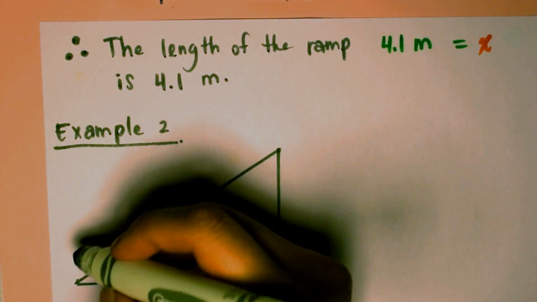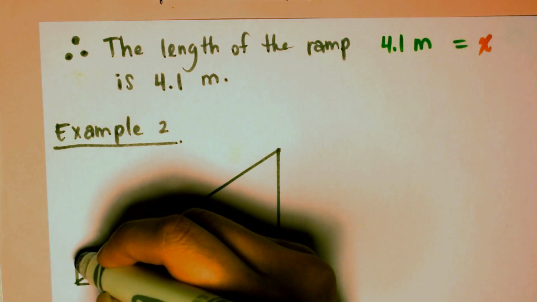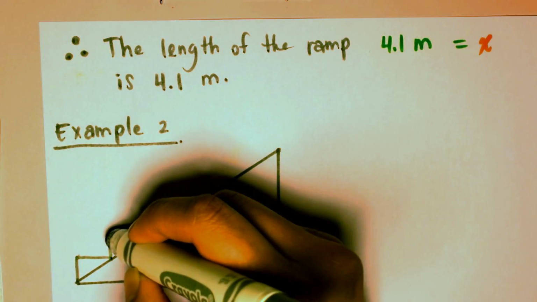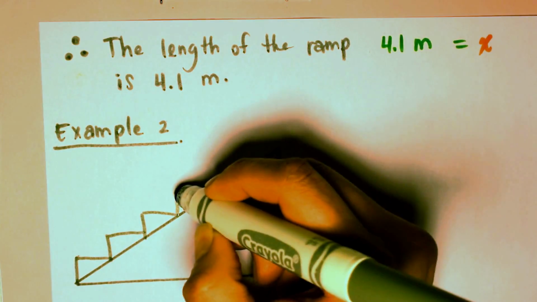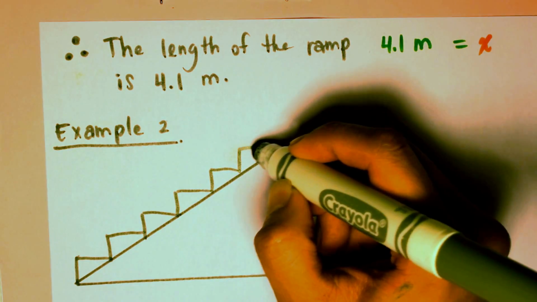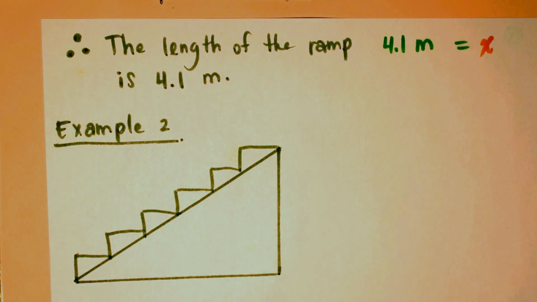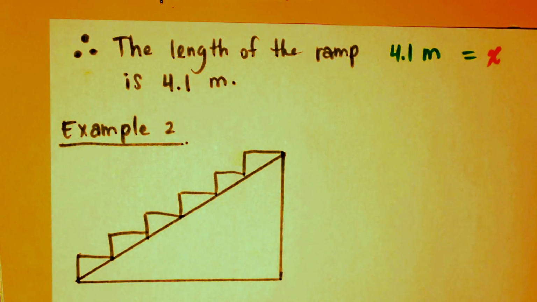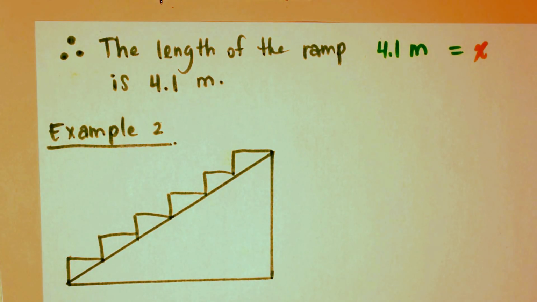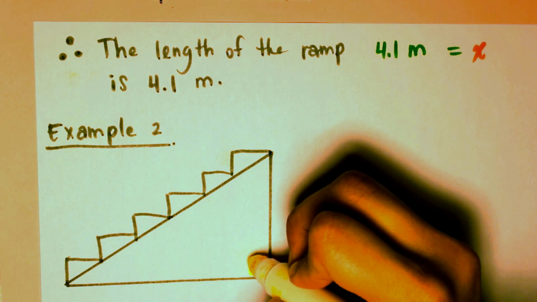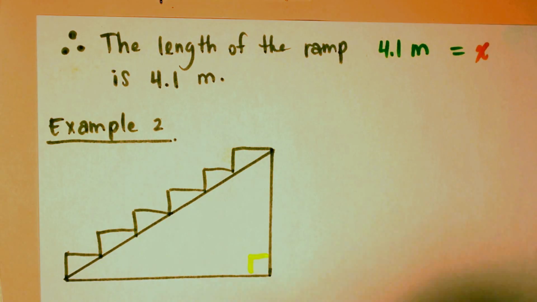Alright, so stairs, maybe they look a little bit like this. Last step, sweet. Okay, this symbol here represents the right angle.